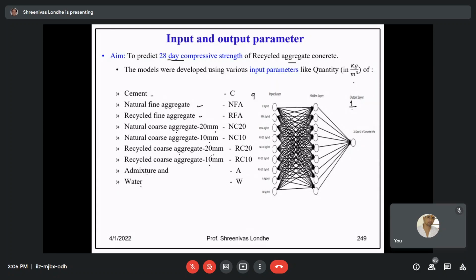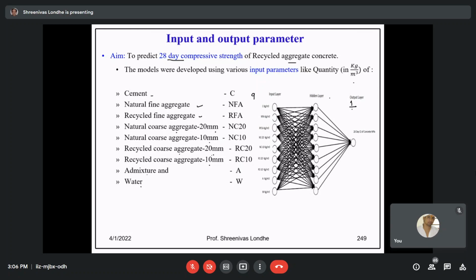Now, the number of hidden layers and the number of hidden neurons add more degrees of freedom. Here the number of hidden neurons in the single hidden layer was decided by trial and error.